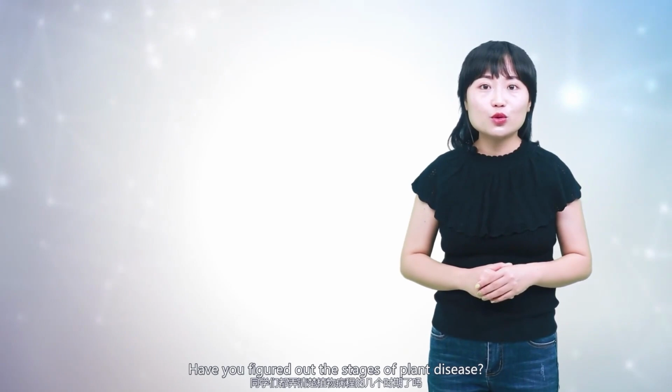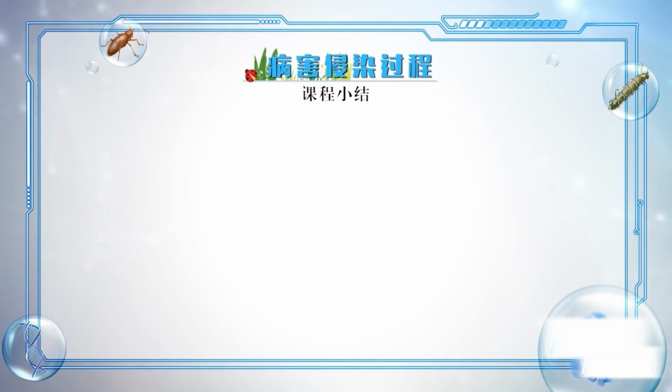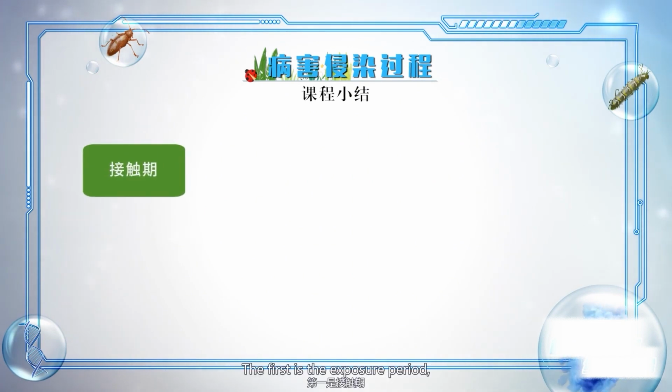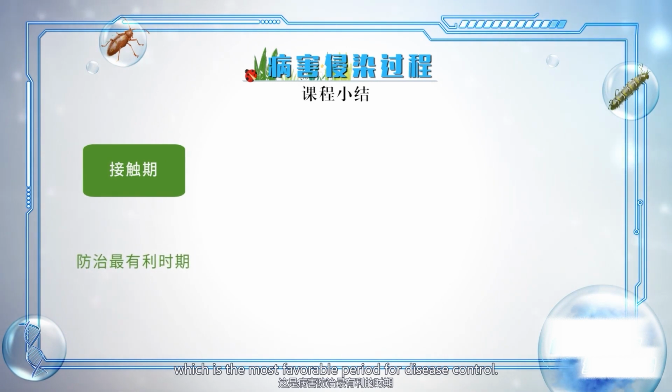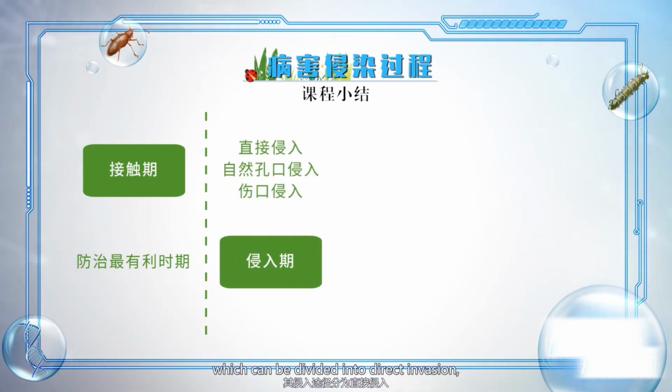Have you figured out the stages of plant disease? Let's review it again. The process of plant disease infection is divided into 4 stages. The first is the contact period, which is the most favorable period for disease control. The second is the invasion period, which can be divided into direct invasion, natural opening invasion, and wound invasion.